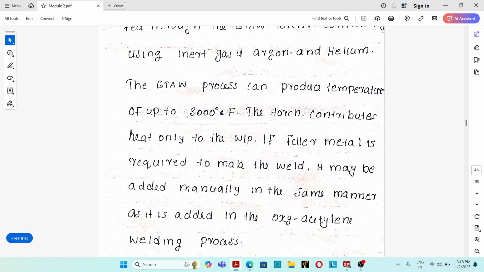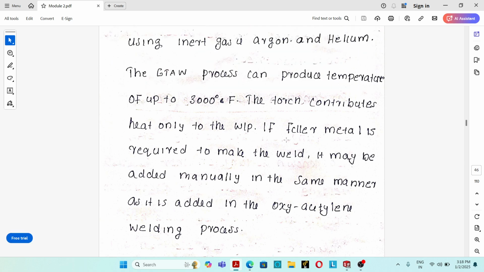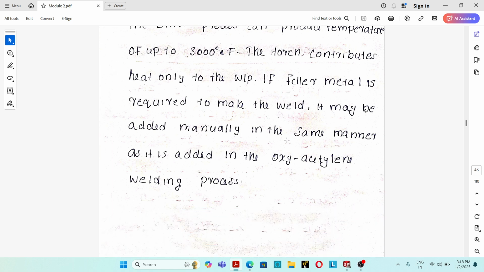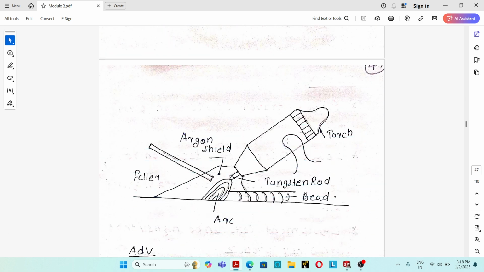In the TIG welding process, the TIG welding torch contributes only heat to the workpiece. If a filler material, that is additional material, needs to be added into the molten pool, it should be added manually into the molten weld pool. This is the TIG welding process setup.